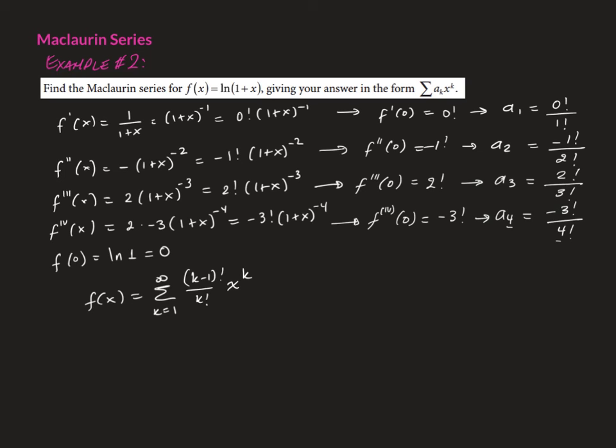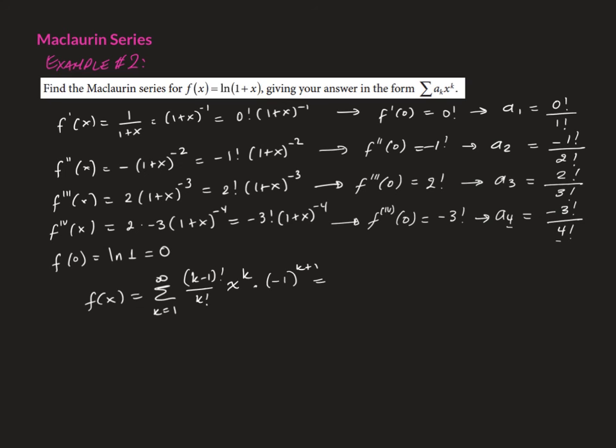Notice how terms 1 and 3 are positive, and 2 and 4 are negative. So that means that we can actually multiply this by a minus 1, but it has to be such that the even powers are negative and the odd powers are positive. So it has to be k plus 1.